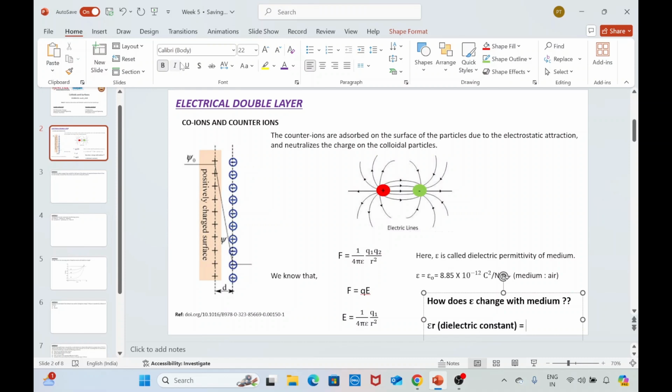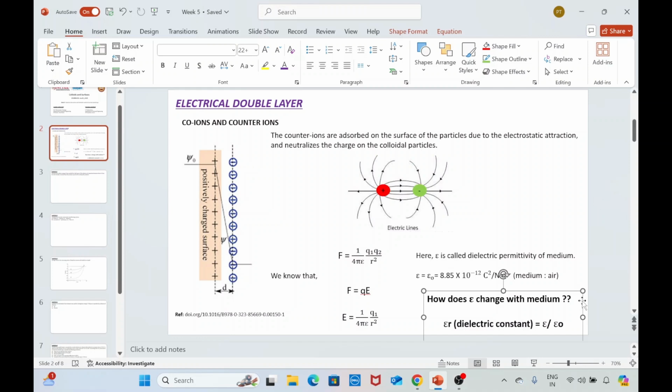And this dielectric constant is defined as the ratio of epsilon by epsilon naught. So the dielectric constant is the ratio of the dielectric permittivity of the medium in which the particles are present to the dielectric permittivity of air.